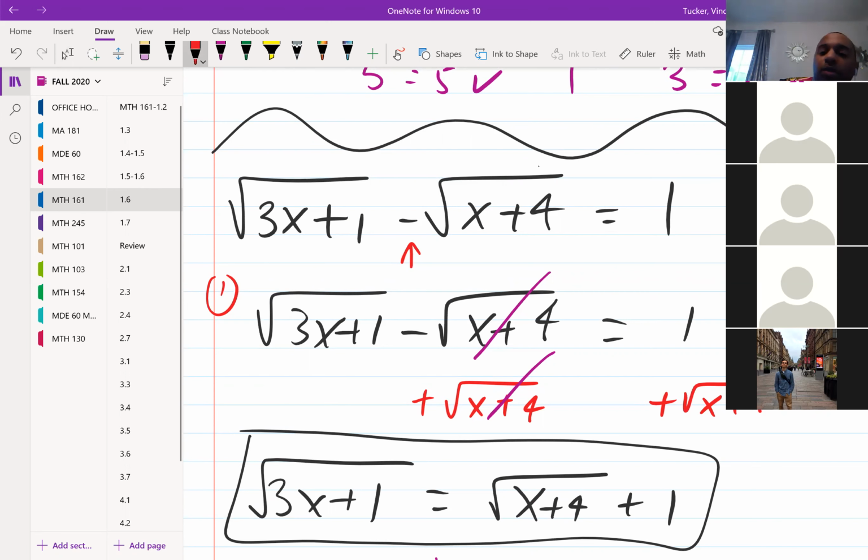And I always try to warn, make sure you don't extend that radical to be over that plus 1. Any problems?